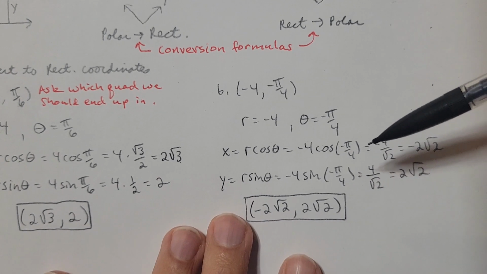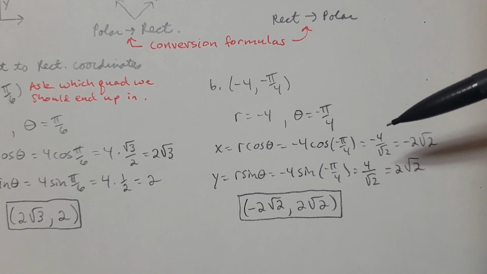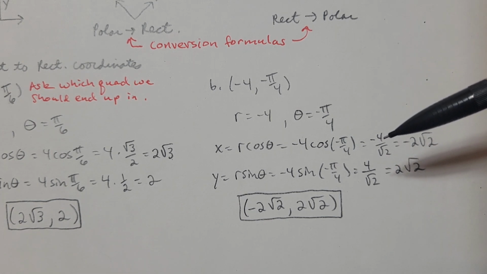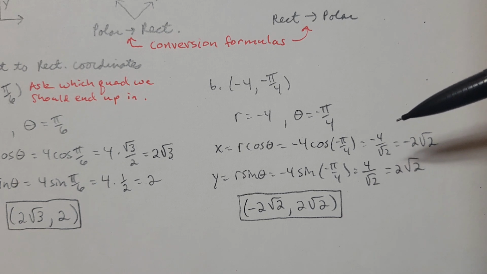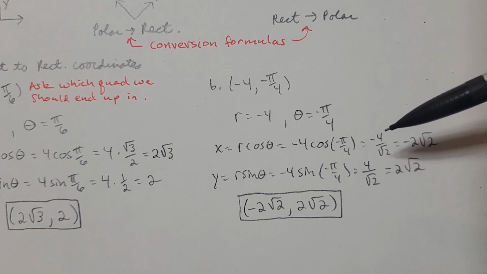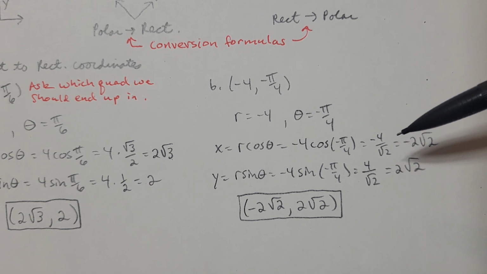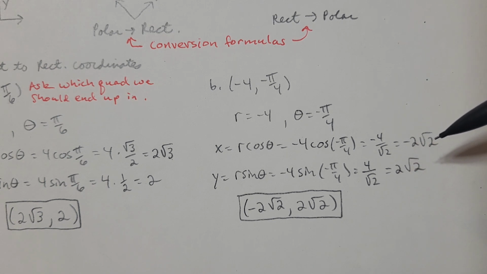Cosine is an even function, so cosine of negative pi over 4 is the same thing as cosine pi over 4, which is 1 over root 2. So I'd have -4 divided by root 2. If I rationalize the denominator, which wouldn't be necessary, I multiply the top and bottom by root 2 and get -4 root 2 divided by 2. That'd be -2 root 2.